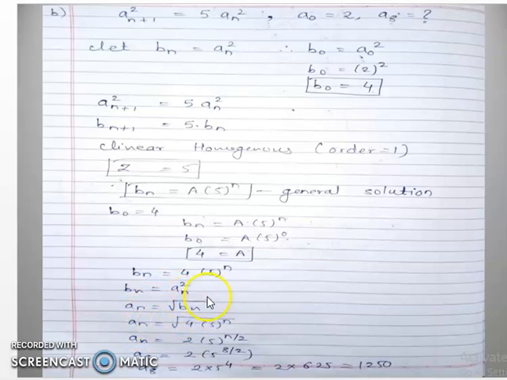We put the b_n value, that is 4 times 5 raised to power n, in that equation. Then a_n = square root of 4 times 5 raised to power n. The square root of 4 is 2 and the square root of 5 raised to power n is 5 raised to power n divided by 2.